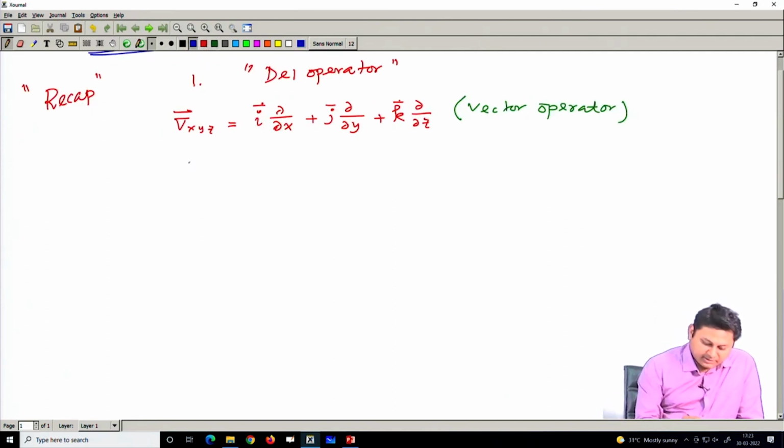Now, the next thing, how to operate these things over some function. So, we mentioned that T, which is a function of x, y, z, is a scalar field.